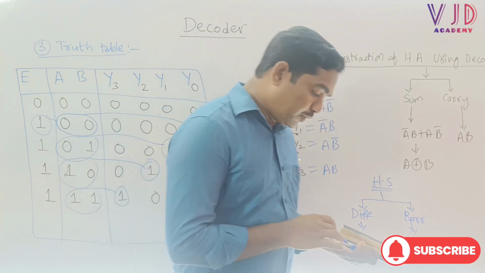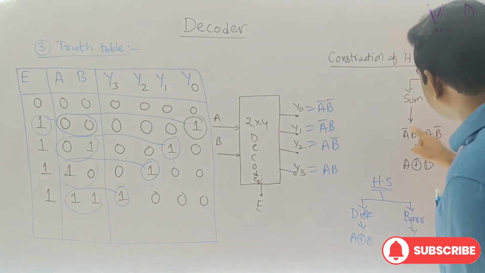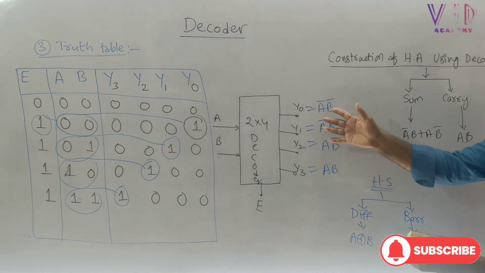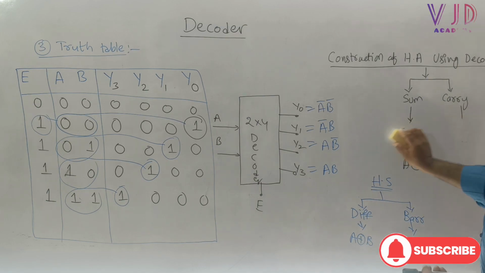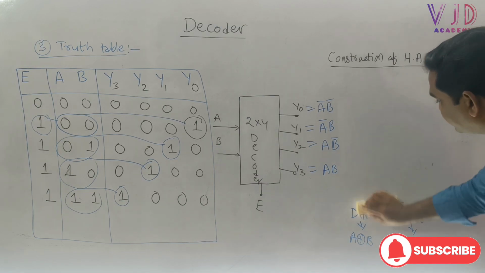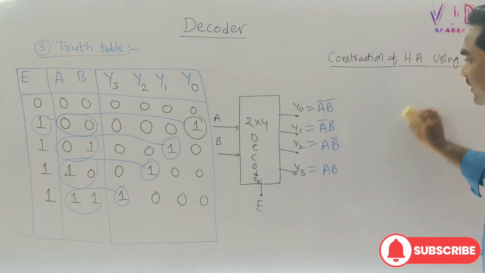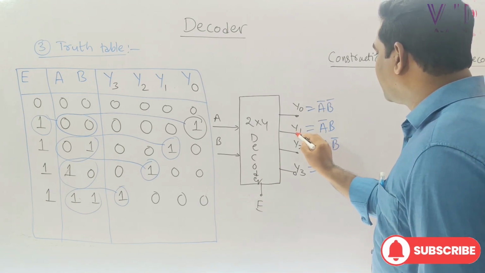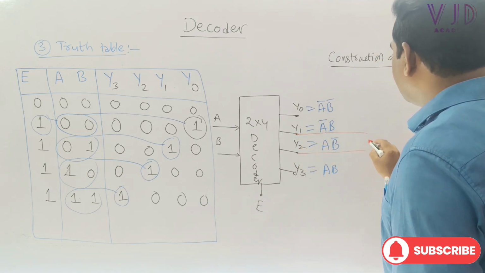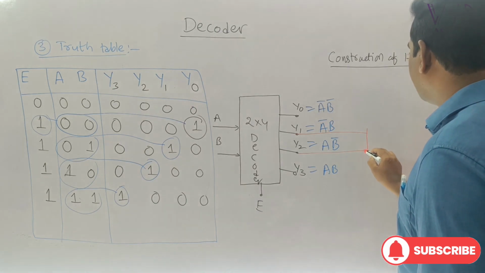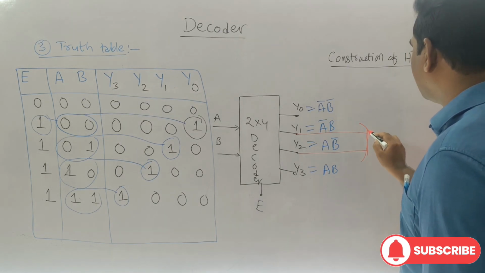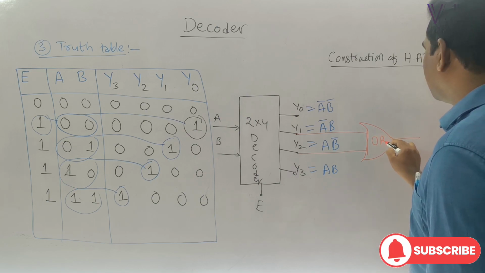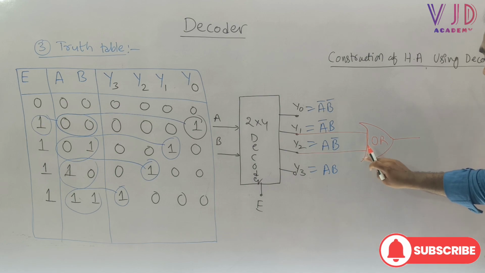Now let us try to prove these output equations of the half adder with the help of a decoder. Here, if I take the outputs Y1 and Y2 and connect them to one OR gate, what will happen?